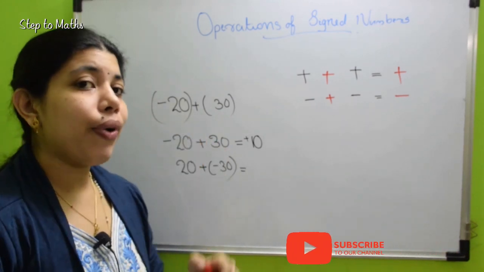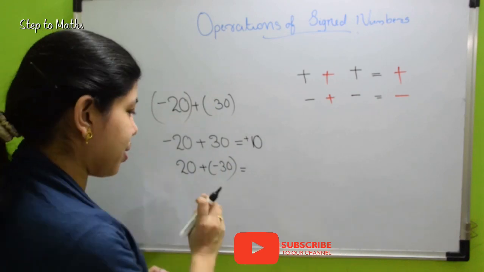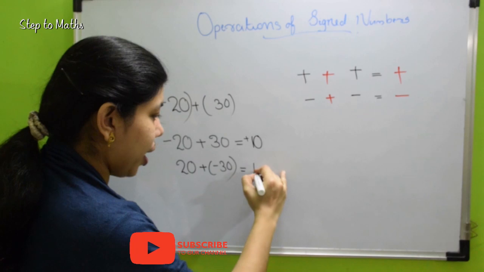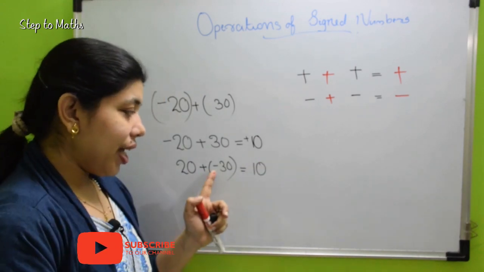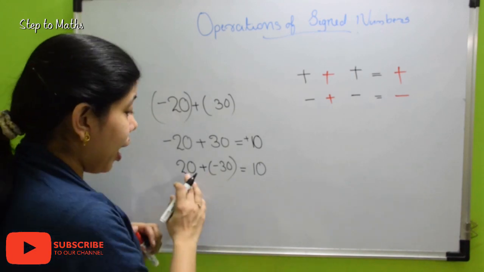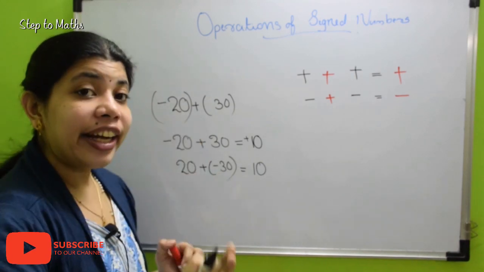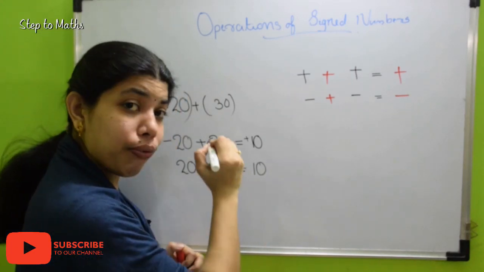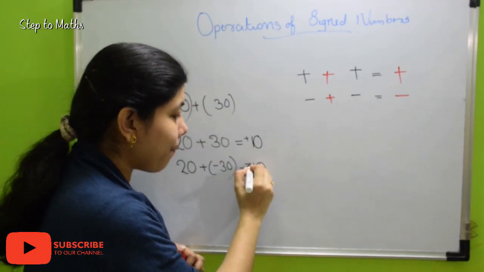So first find the difference between these two numbers. 20 and 30, 30 minus 20 is 10. And here, among 20 and 30, 30 is the larger number. So we put the sign of the larger number, that is minus 10.